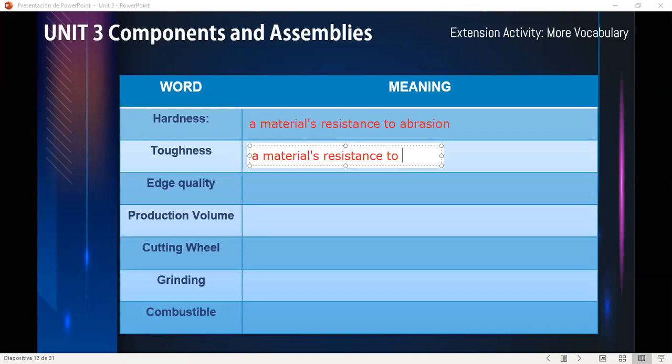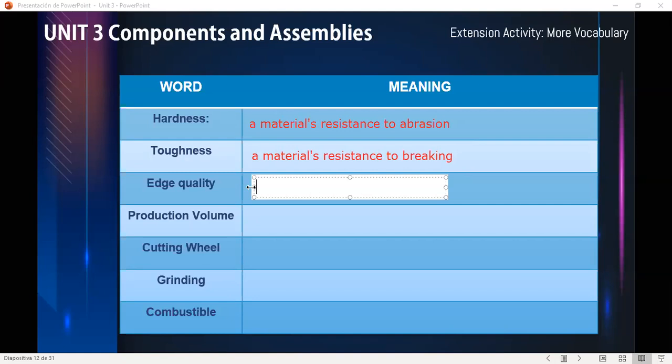With a ductile material, or when I talk about material resistant to tension, that resistant means the resistance to breaking, when you apply the tension or you apply bending. So it's the toughness, the resistance of the material to breaking.